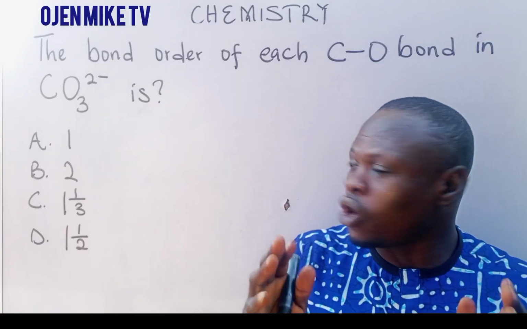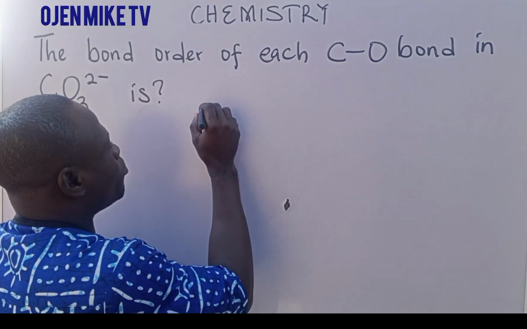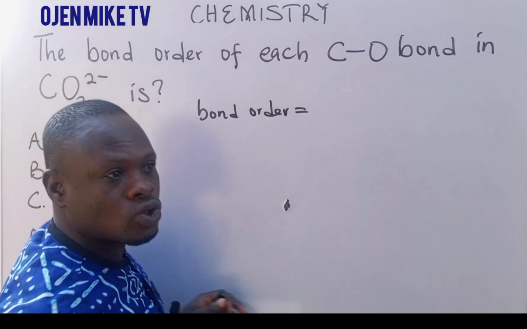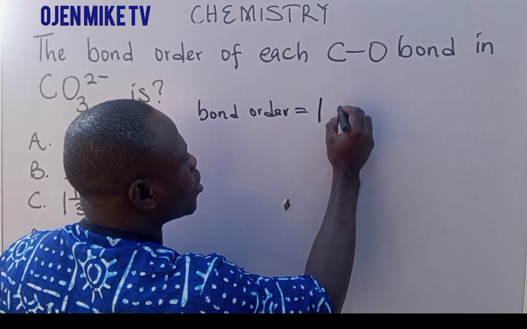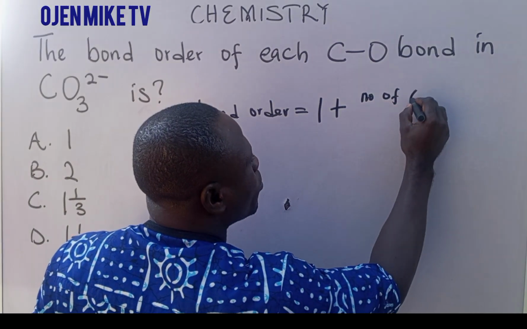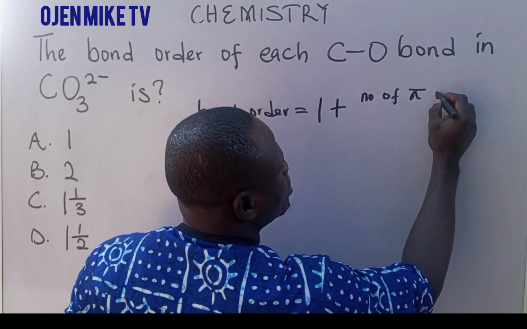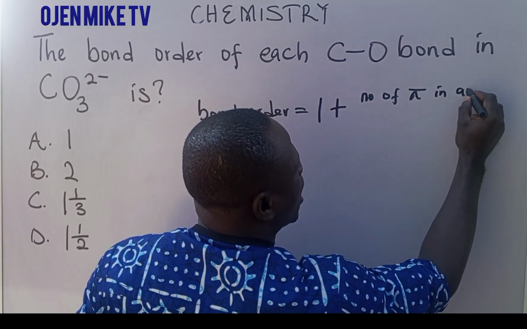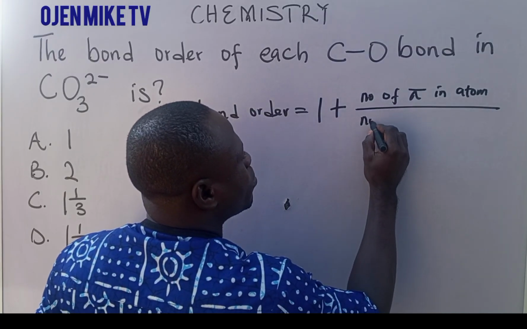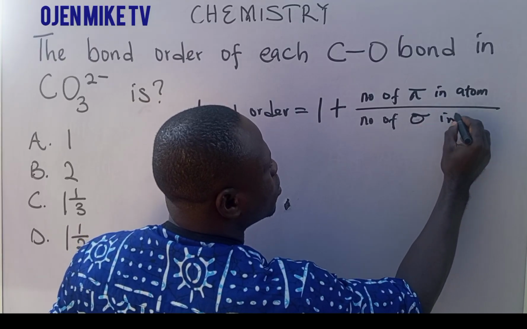We say bond order is equal to 1 plus the number of pi bonds in the atom over the number of sigma bonds in the atom.